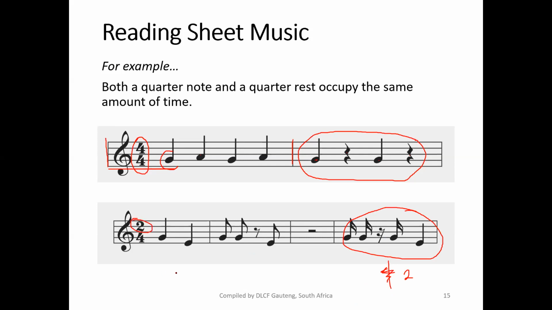Sorry, I thought it was 4, but I'm wrong. It's 2, because that's 1, 1, so in total 2. If we add all these note values together, we will have 2. We'll talk about that later.